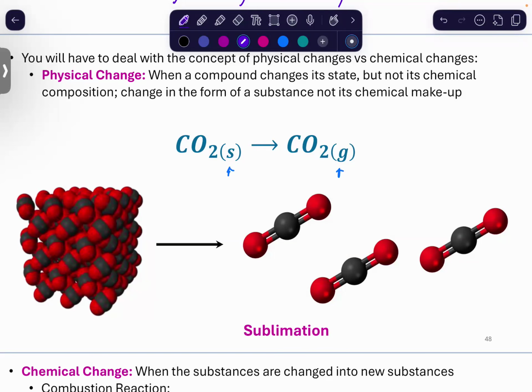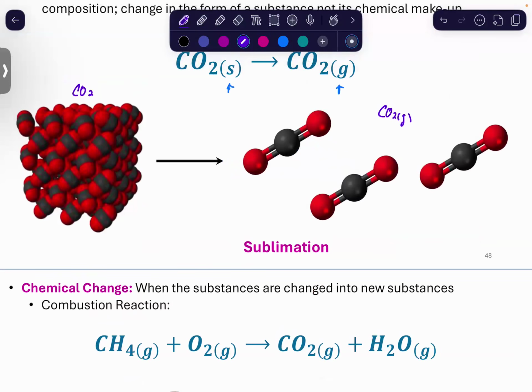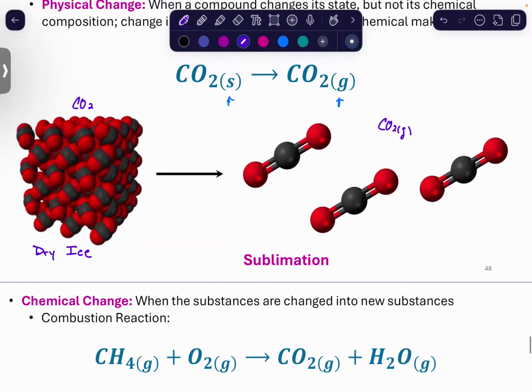And here you see solid CO2, carbon dioxide, and it goes to gaseous CO2. So if you're wondering what solid CO2 is, it's dry ice. So this is a physical change because you have carbon dioxide at the beginning and you have carbon dioxide at the end.